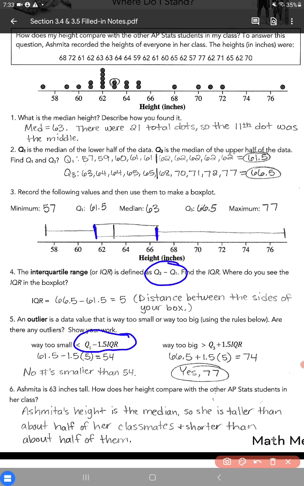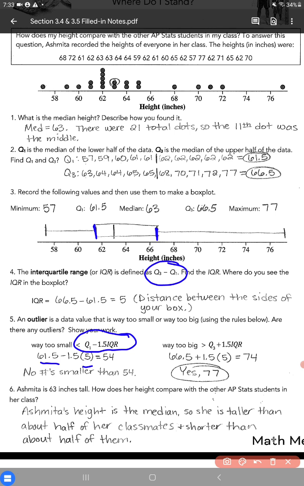So I'm going to plug in 61.5 for Q1 and 5 for my IQR. In my calculator, 61.5 minus 1.5 times 5, I get 54. What that is telling me is any number that is smaller than 54 is an outlier.